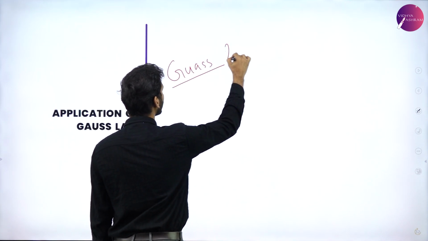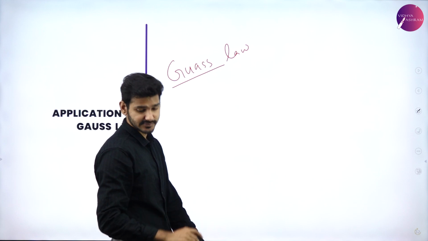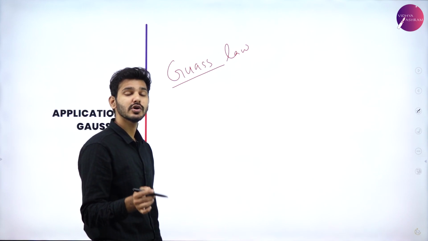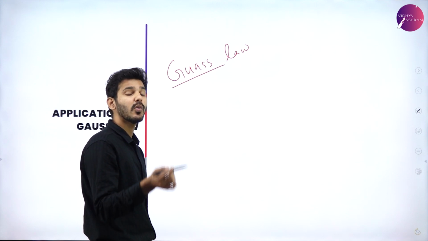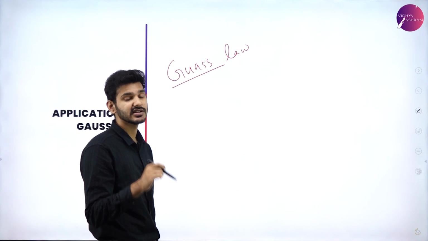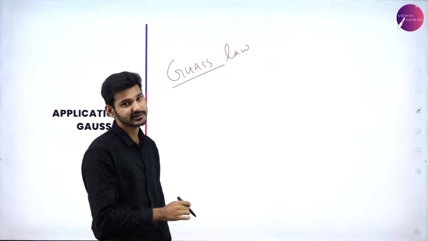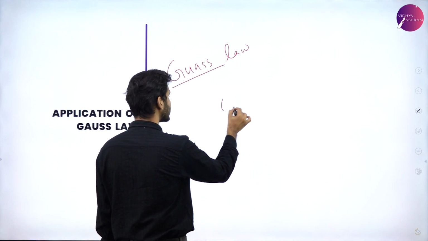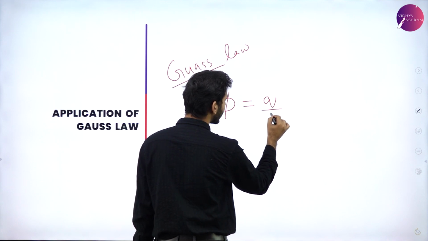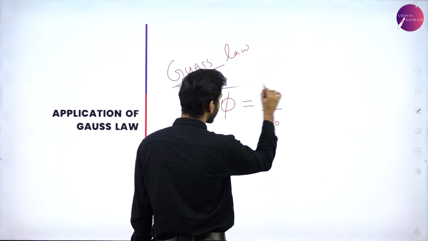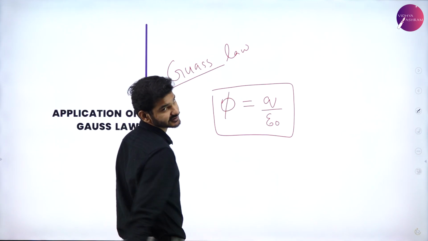And Gauss's law states that the electric flux through a closed surface in vacuum will be equal to 1 by epsilon naught times the charge enclosed by that surface, which just means that phi is equal to Q divided by epsilon naught. And that is Gauss's law.